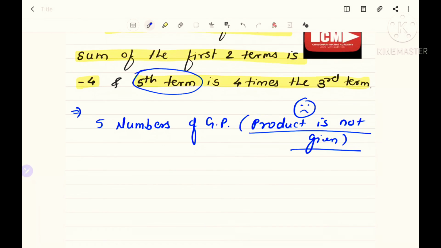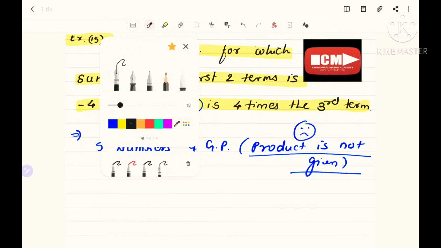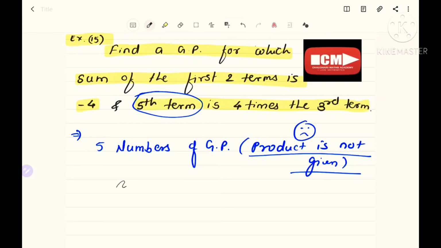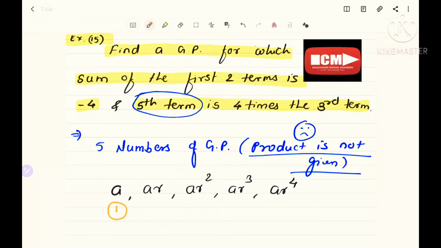And if the product is not given, then there is a different way in which we select the numbers. If you remember the summary, we select the numbers in the ordinary way. We write a geometric progression: first term is A, second term is AR, third term is AR square, then AR cube, and the last one is AR4. This is the way you have to select the numbers in GP if the product is not given.